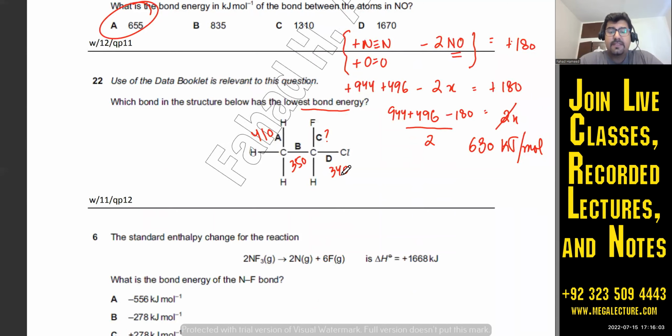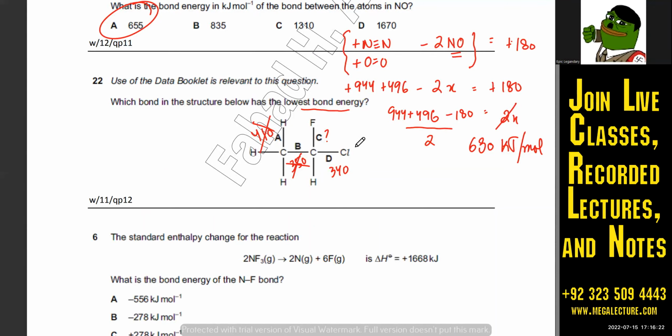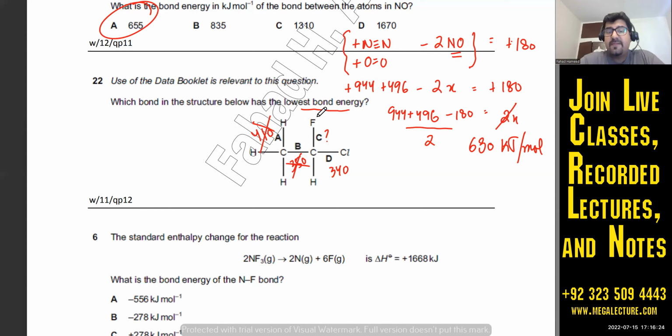So first thing, out of the three, which one is the lowest one? It's C-Cl, right? So A and B are not the options. It's going to be C-Cl. Ab in dono ka, C-F or C-Cl, which one is stronger? C-F. You can remember F is a smaller atom, so it's going to be stronger, right?